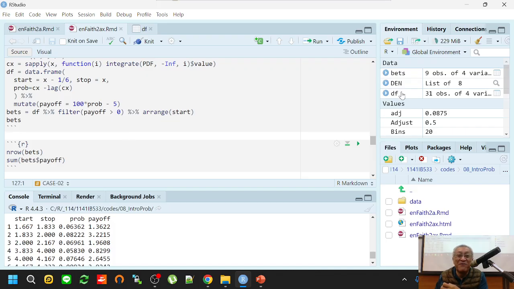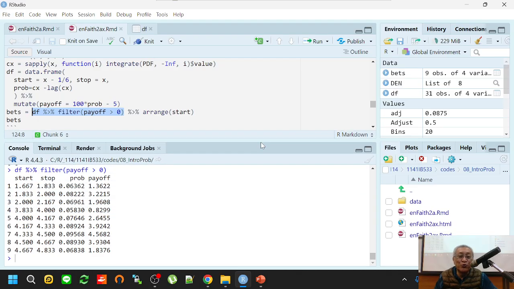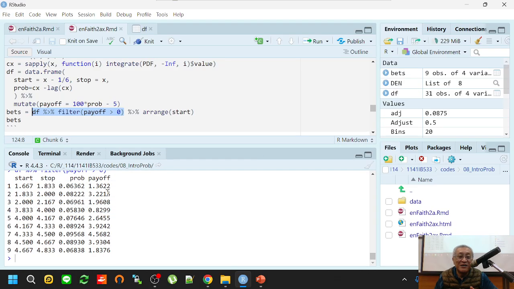And with that, we can very easily make a choice. With this data frame, we can simply filter out the periods which generate a positive expected value.